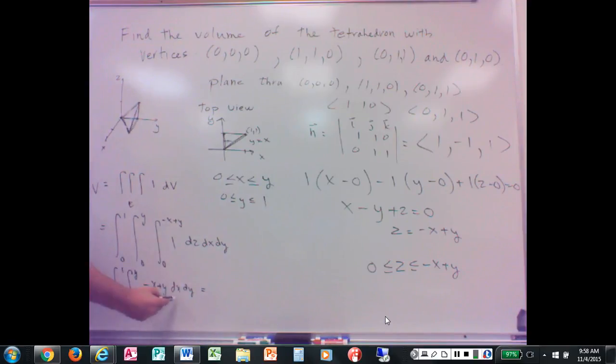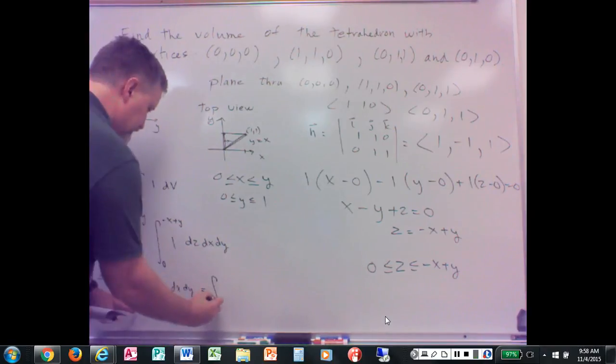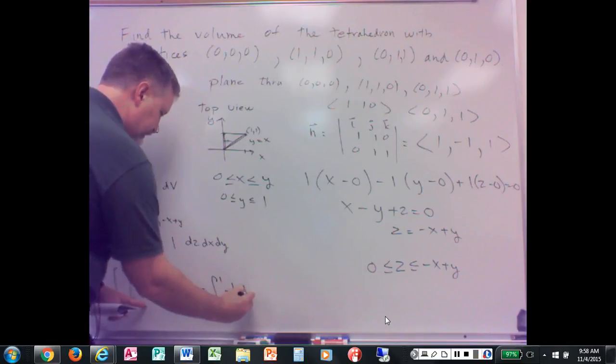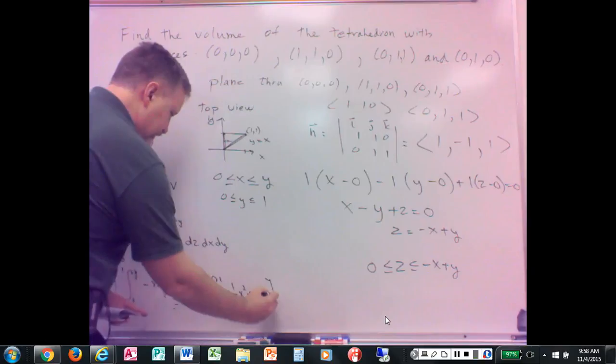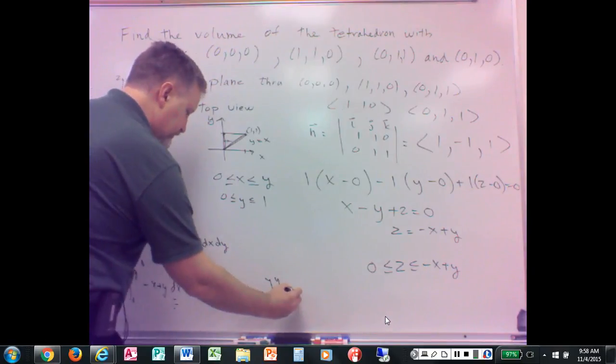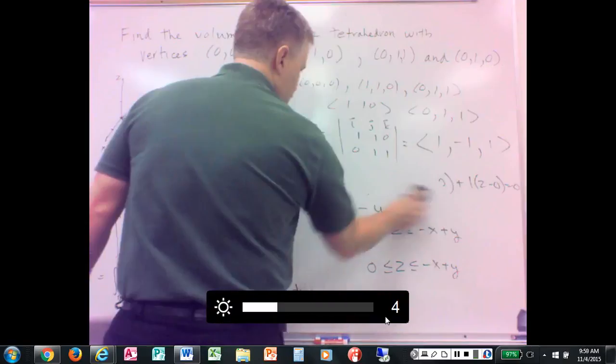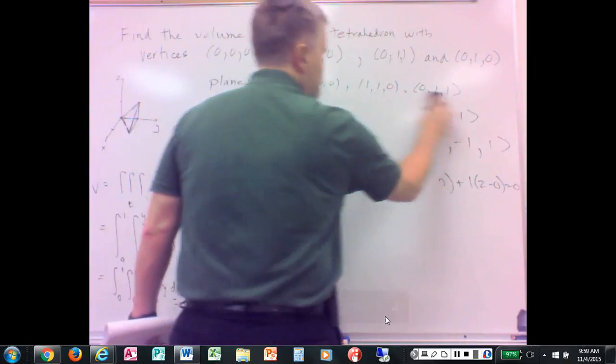Next we said we're doing the integral with respect to x, so that would be 0 to 1 of -1/2 x squared plus xy from 0 to y, and we still have our dy.